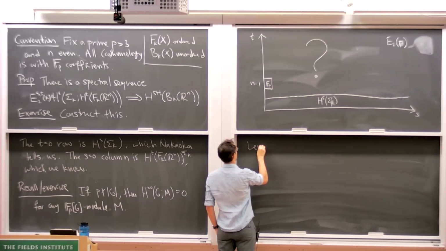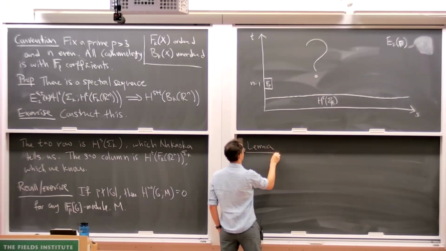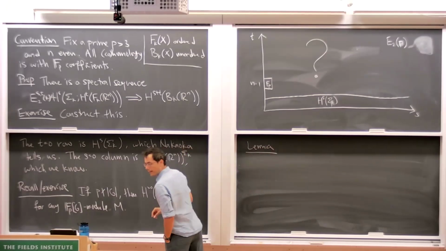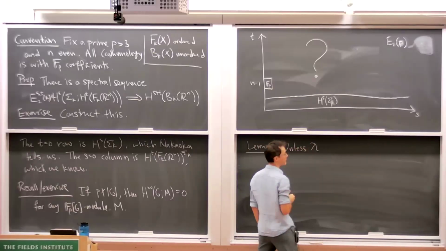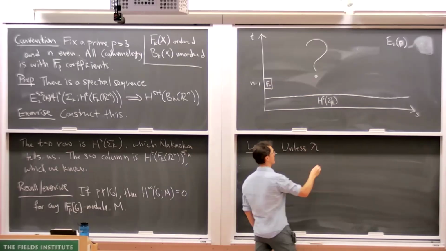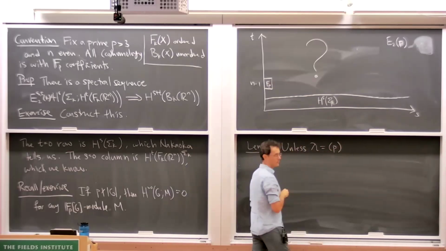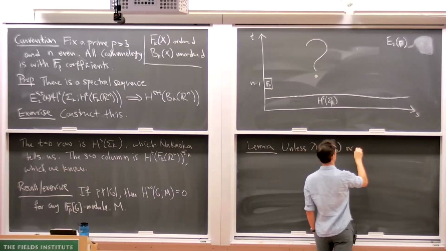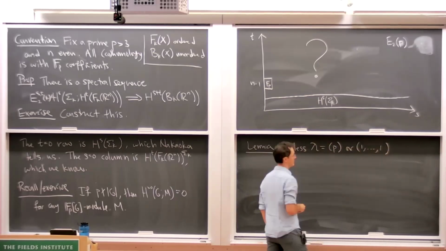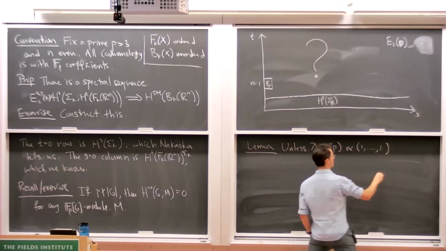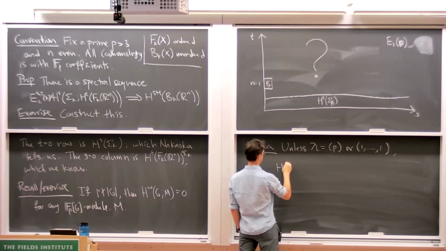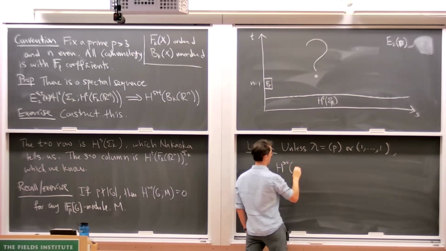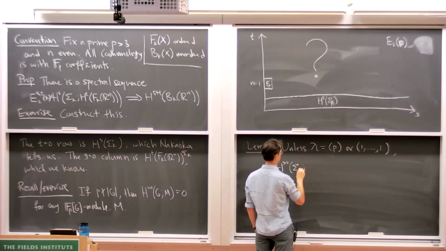So the lemma is that unless lambda, which is a partition of P, is that obvious partition of P or this obvious partition of P, the cohomology in positive degrees of sigma P with coefficients in L lambda vanishes.